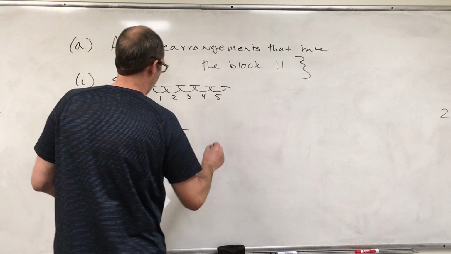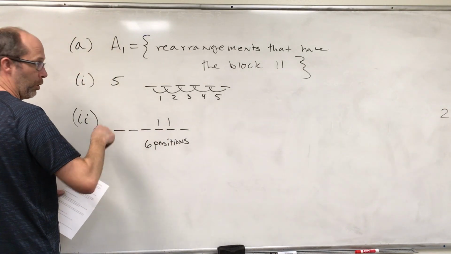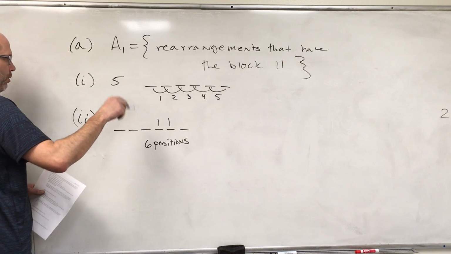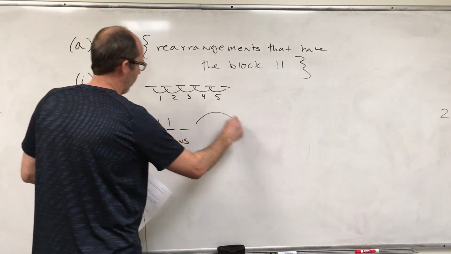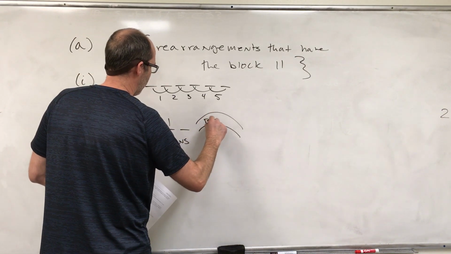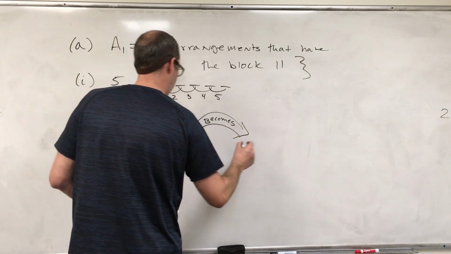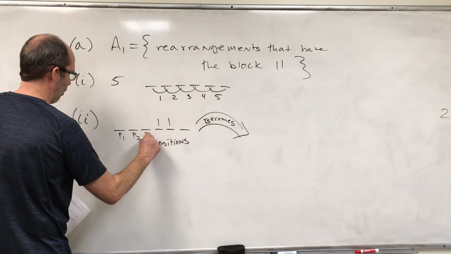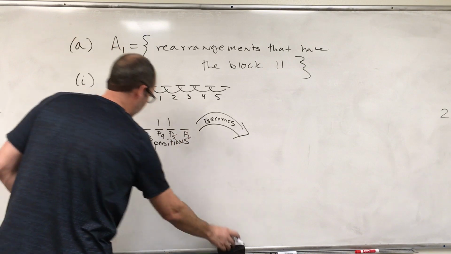So how many different ways can we distribute 2 2s and 2 3s to 4 positions? Let me give these names: position 1, position 2, position 3, position 4, position 5, position 6.